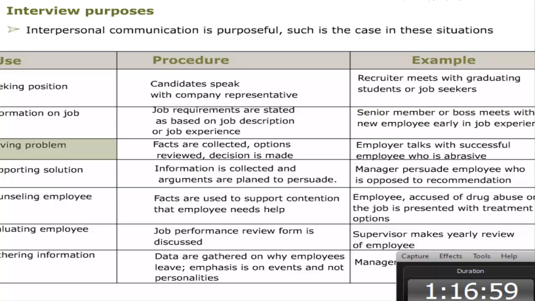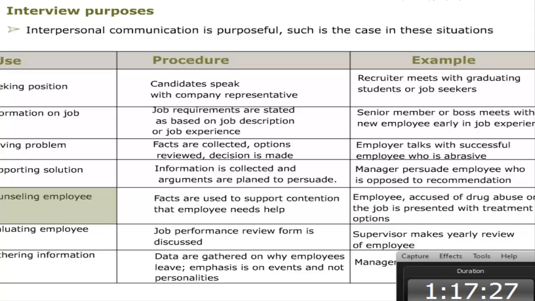Solving problem. Facts are collected, options reviewed, a decision is made. An employer talks with a successful employee who is abrasive. Supporting solution. Information is collected and arguments are planned to persuade. A manager persuades an employee who is opposed to a recommendation.